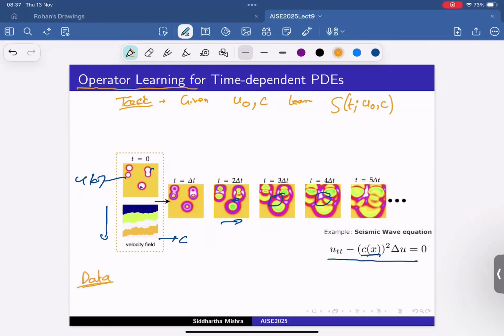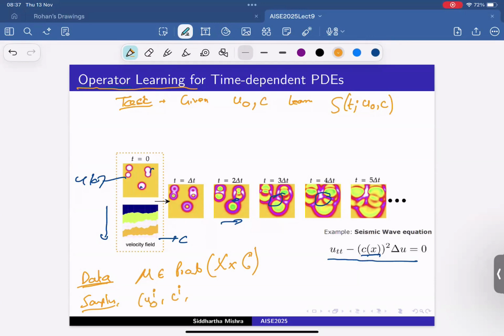Data is you put a probability distribution, mu, on, I don't know, U0 cross C. These are some function spaces that I have taken into account. Samples: these are U naught i, the ith sample, Ci, the ith sample, and trajectories.